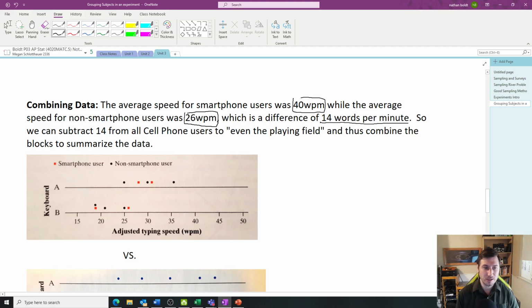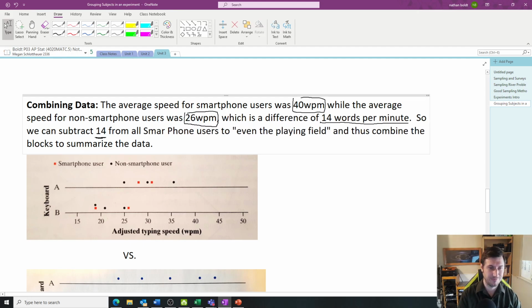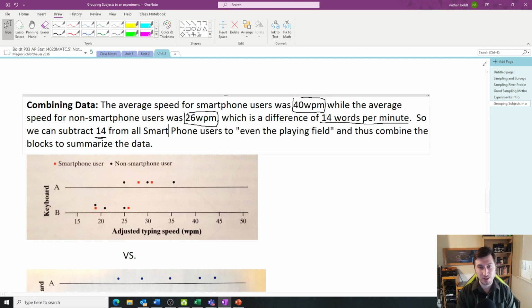Well, what we can do then is subtract 14 from all smartphone users. Subtract the 14 from all smartphone users to even the playing field. So we're turning the apples into oranges by subtracting 14. We could have gone the other way around.